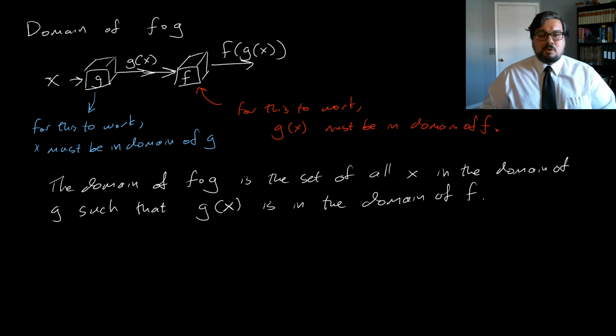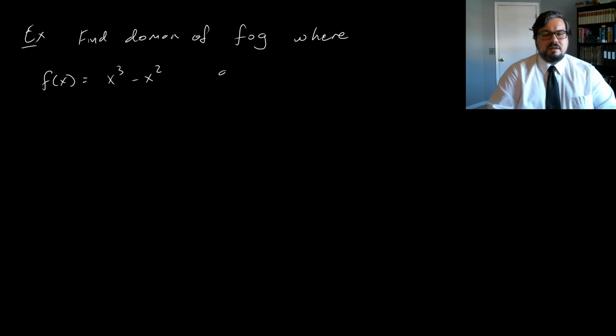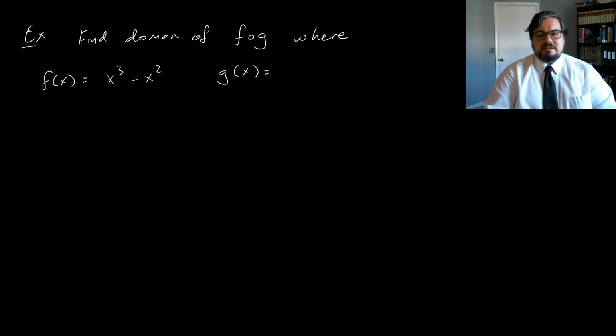So it's important to keep that in mind. All right, so let's see some examples. Let's find the domain of f composed with g where f of x is equal to x cubed minus x squared, and g of x is equal to 4 plus x over x.